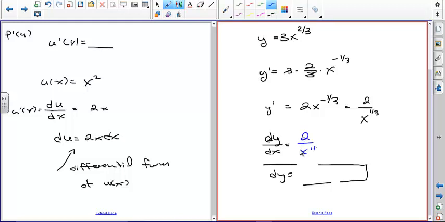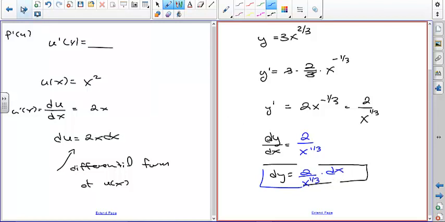And then I have my function, and so then I multiply both sides by dx, and I get 2 divided by x to the 1/3 times dx. So that's the differential form of the original function. It's basically the derivative multiplied by dx, so that dy is equal to 2 divided by x to the 1/3 power, which would be the cube root, times dx.